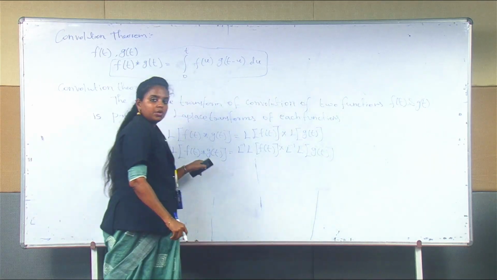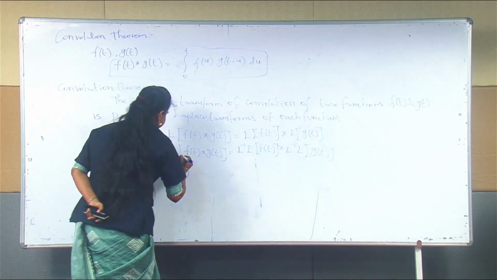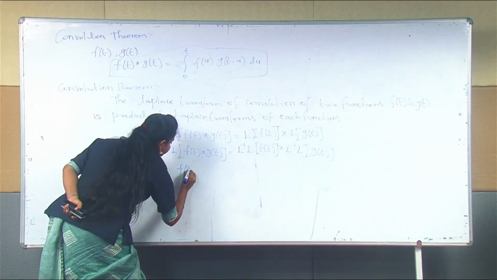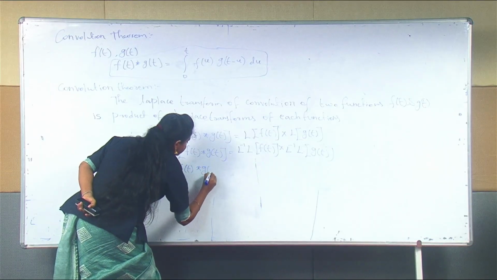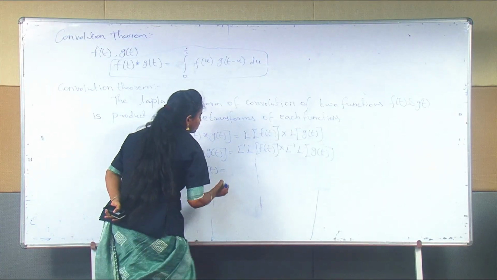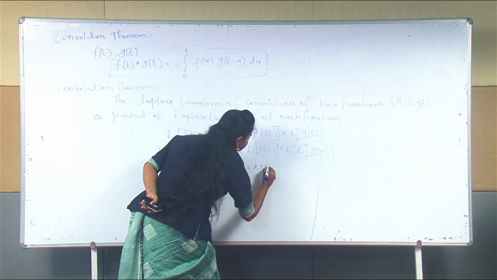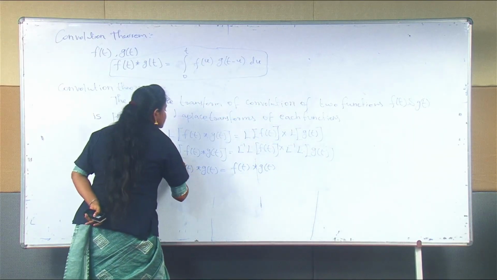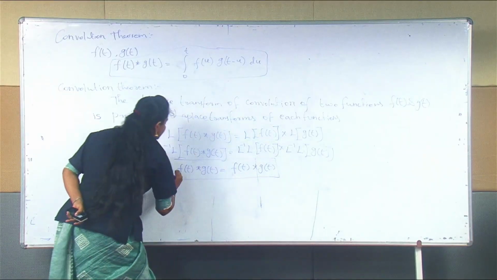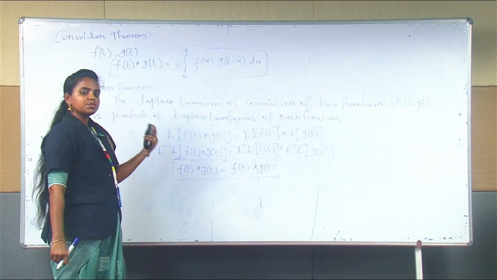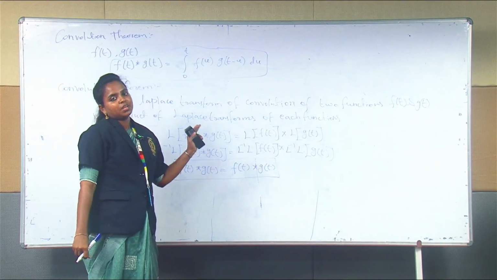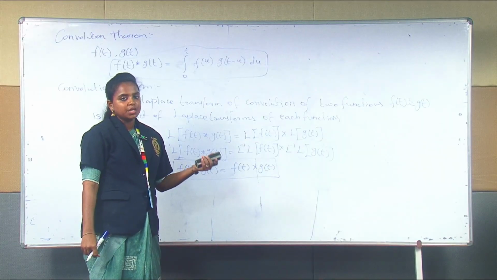So finally we get f of t convolution g of t, which is equal to f of t multiplied by g of t. This is the equation we got finally, and this is what we are going to use to solve the inverse Laplace problems.